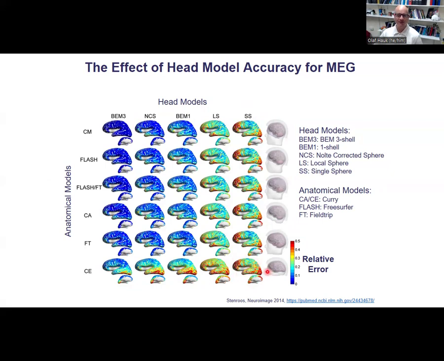So the head is close to a sphere, but mostly in the front and in the back it violates this kind of spherical shape. So that's where you get the largest errors. But within this range up here, where you have relatively realistic head models, especially with a 3-shell BEM model, the relative error is relatively low. So I would say with a BEM model, you usually have a reasonable approximation of the truth.